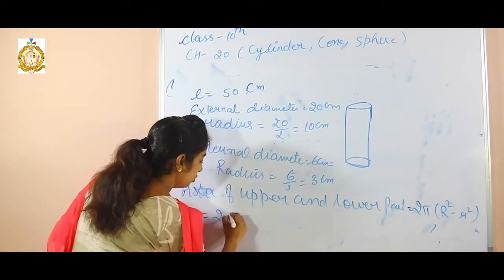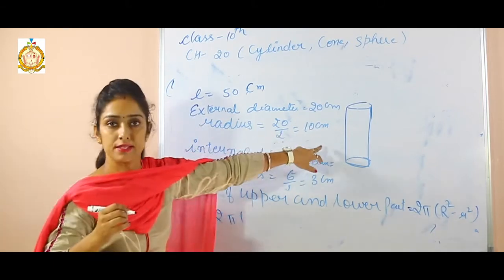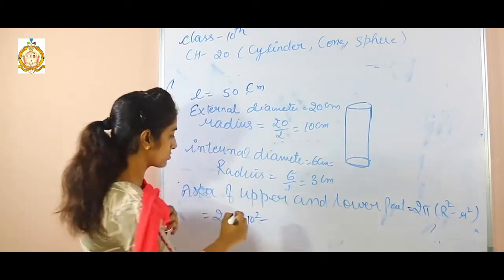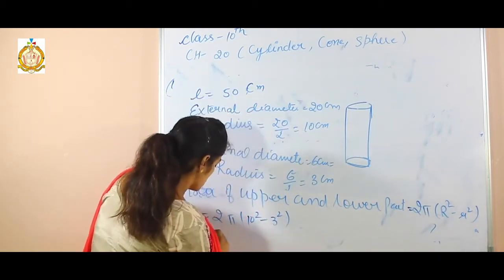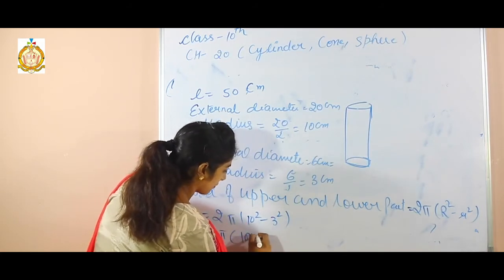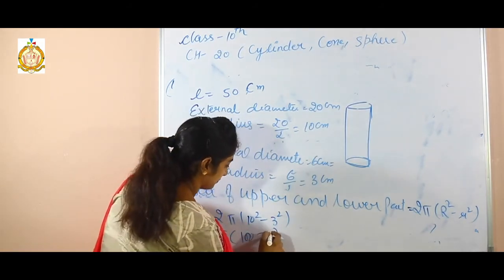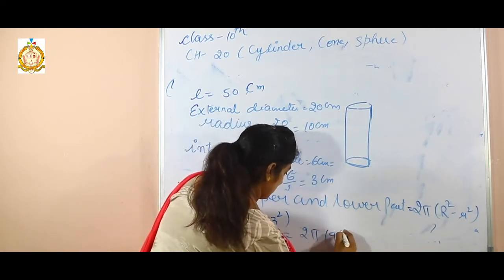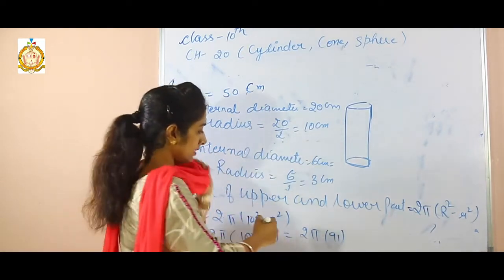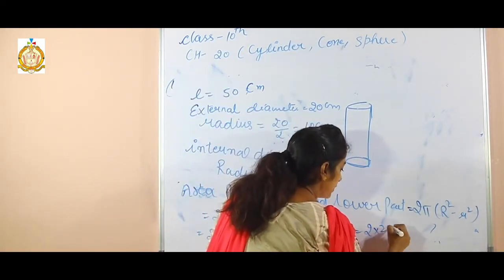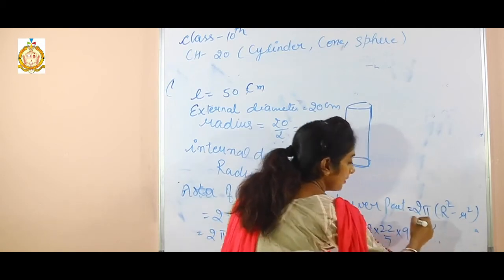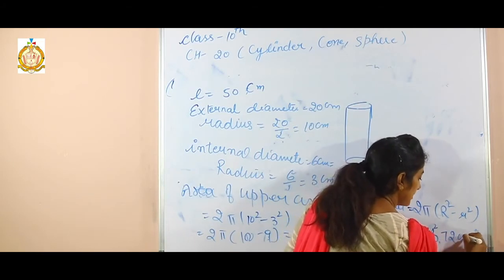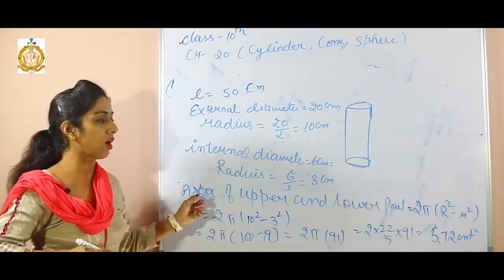Now that is 10 square minus 3 square, which is 2 pi (100 minus 9), which is 2 into 22 by 7 into 91. After calculating it, you get 572 centimeter square, the area of upper and lower part.